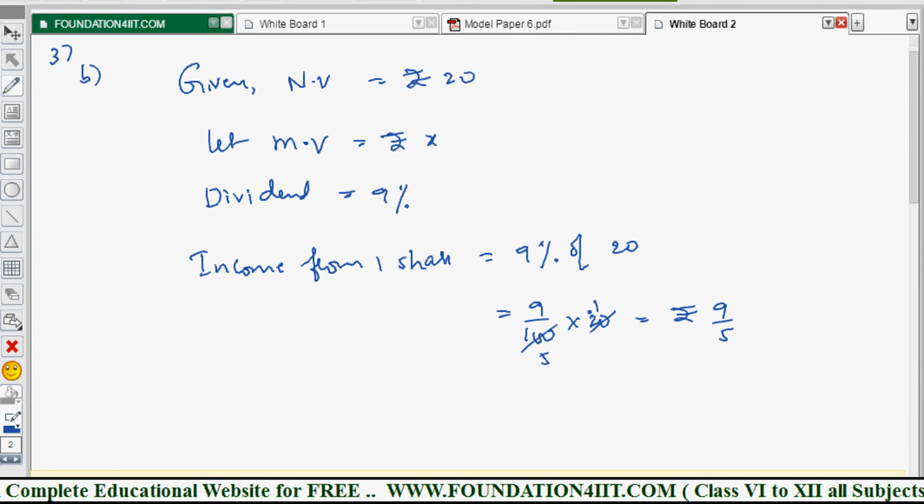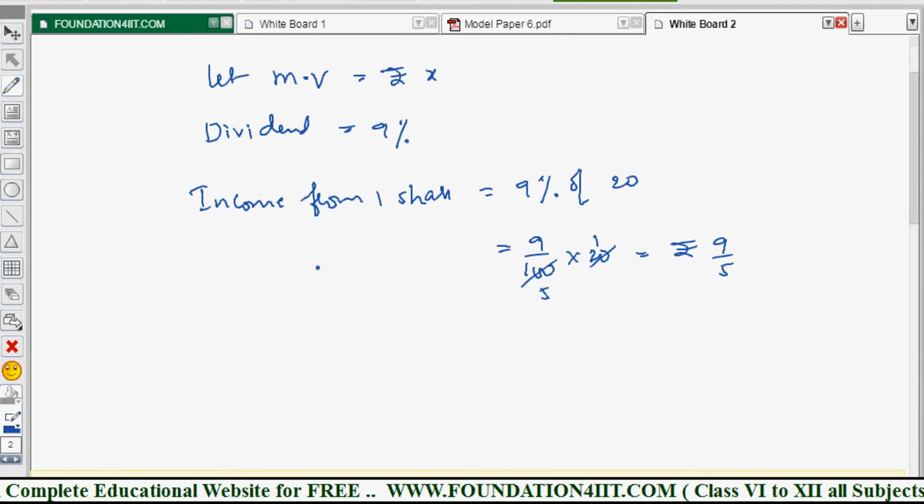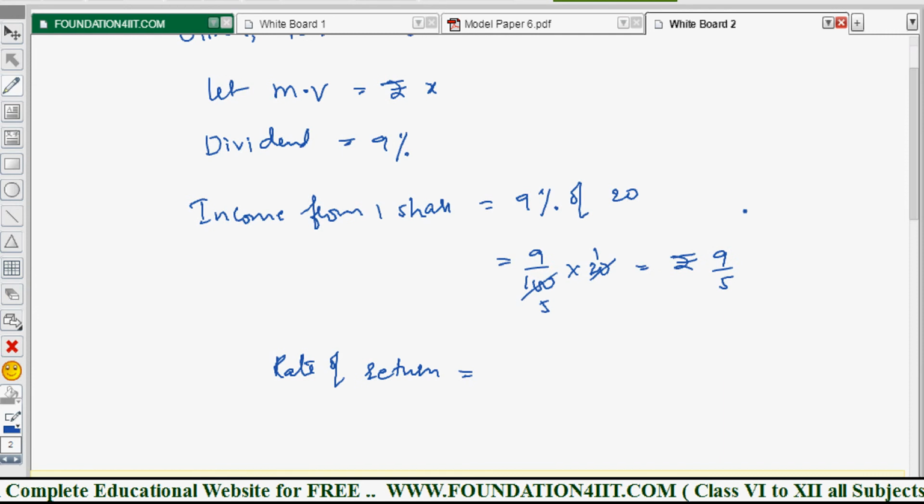Then the rate of return you can find out. Rate of return is, because income from 1 share is 9 by 5, by market value into 100. So that is 9 by 5 by x into 100. Cancelling, 5 ones are 5, 20 is 180 by x percentage.